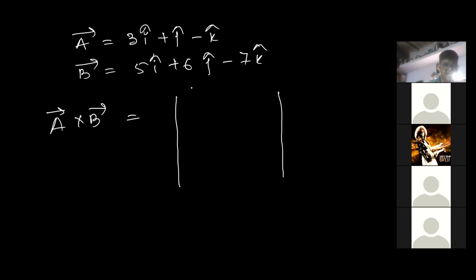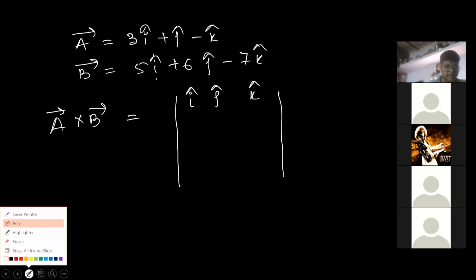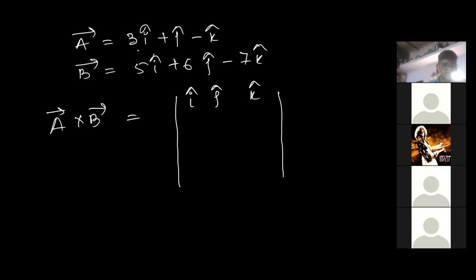At first, i cap, j cap, and k cap should be written in this way. Then for the vector A, we write down the coefficients of i cap, j cap, and k cap in the first row. So for the A vector, the coefficient of i cap is 3, the coefficient of j cap is 1, and the coefficient of k cap is -1.